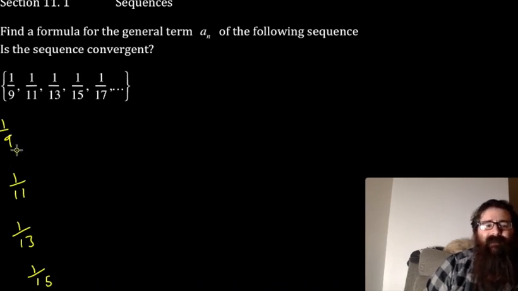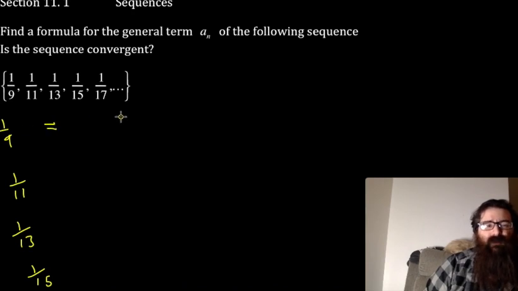I can see that the number in the numerator is always 1, so that part shouldn't be so bad. And in the denominator, I can see that I have these odd numbers, moving to the next odd number. But I want to find a way to reference the little subscripts that I have here, right? That is the first term, the second term, the third term, the fourth term. I want to include that in my generic formula.